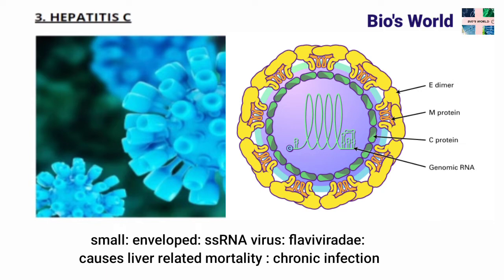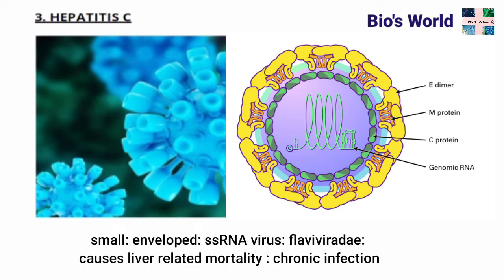Transmission may also occur during transfusion of contaminated blood and blood products, or through injecting drug use. Apart from that, in some cases, sexual transmission of the virus is also possible, but it is less common. The first phase of the disease is called acute hepatitis C and covers the first 6 months after a person is infected.